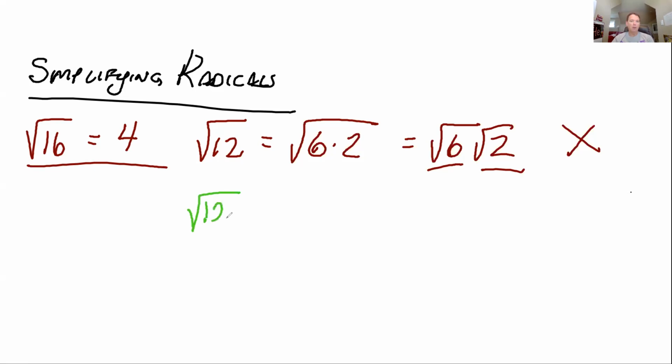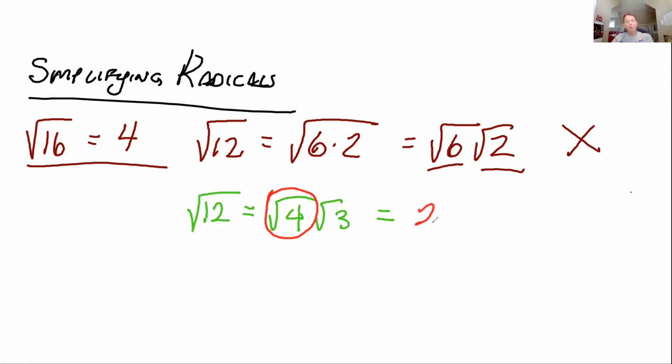However, I can think of a different way to break this down. I can think of other factors of 12, that is, numbers that multiply together to make 12, and they are 4 and 3. So why is this useful? Because of this. And I want you to be sitting there thinking, I know what the square root of 4 is.